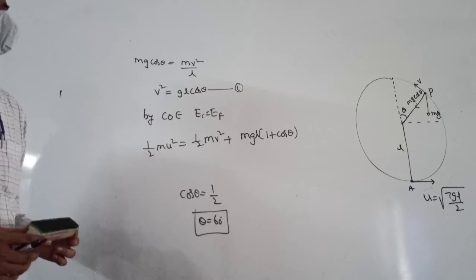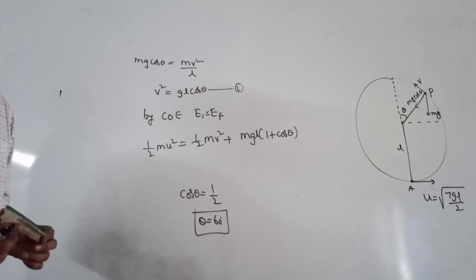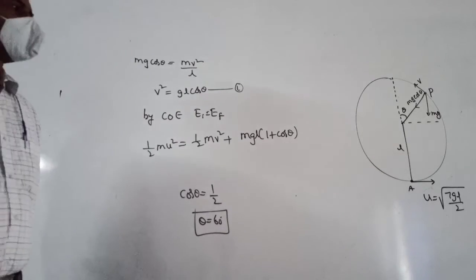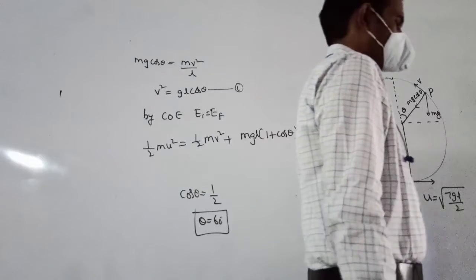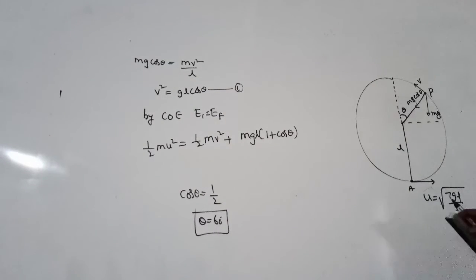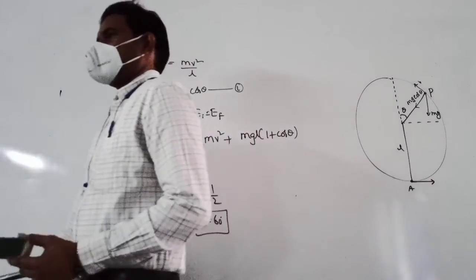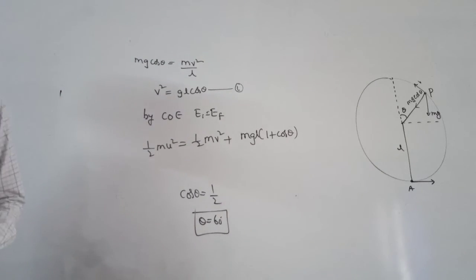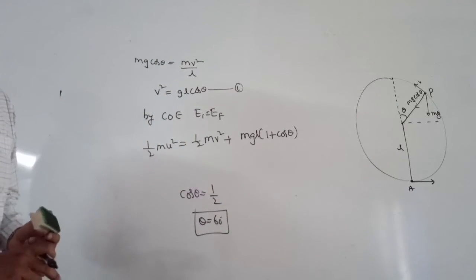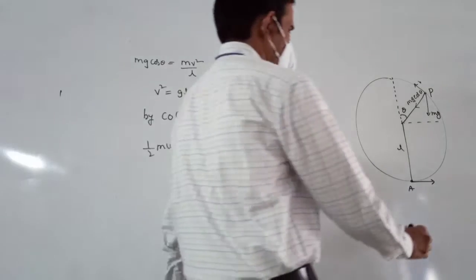Next problem, based on the same concept. The bob of a simple pendulum is given a tangential velocity v naught at its lowest point.